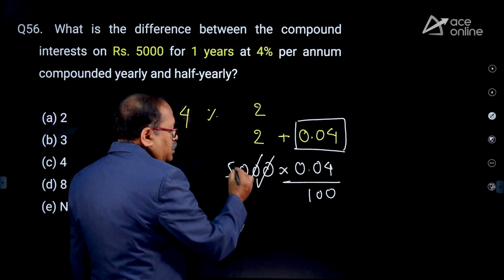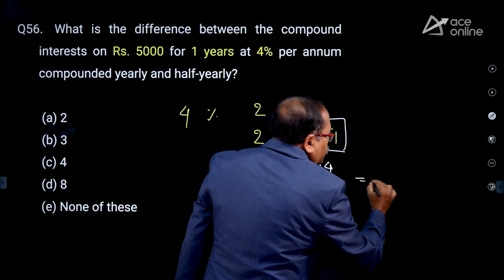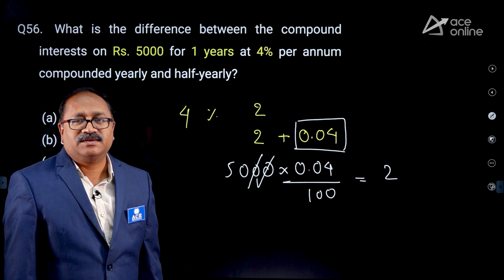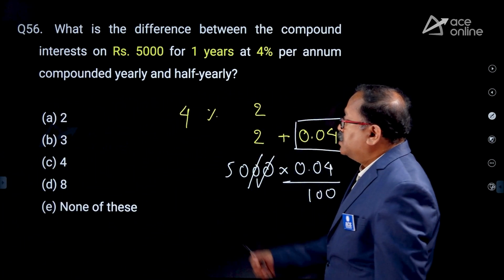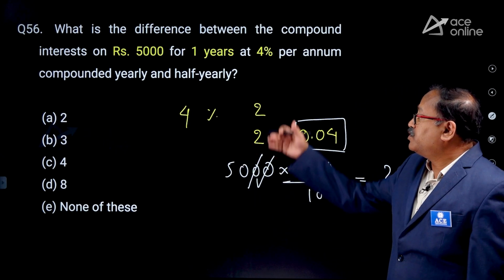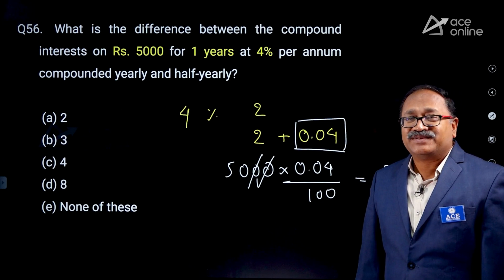These zeros get cancelled, and 5 into 2 with zeros will get cancelled. I will be left with the 2. That is the difference. You can check the options. Do we have any option? Yes, option choice A. If you know the correct method, it will take the least possible time. Next question.